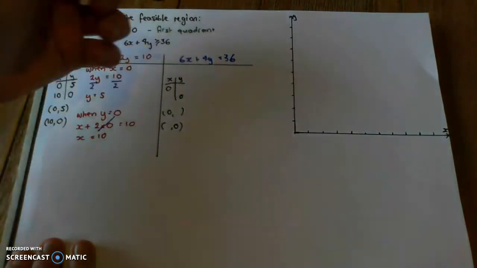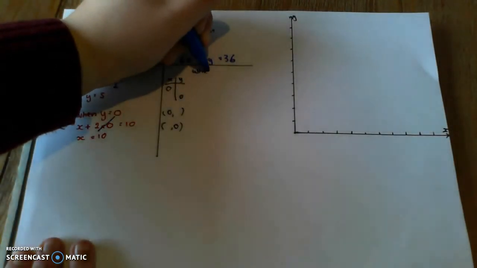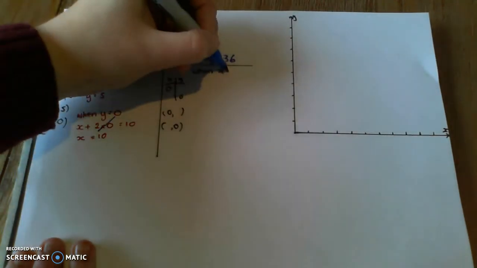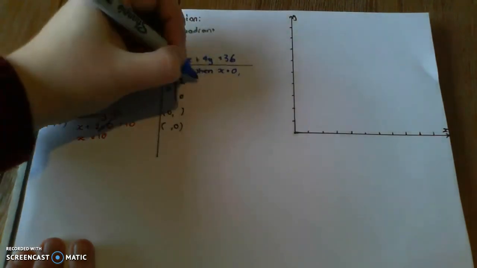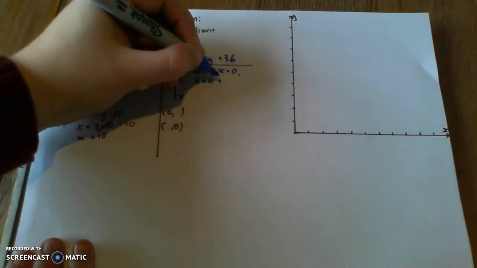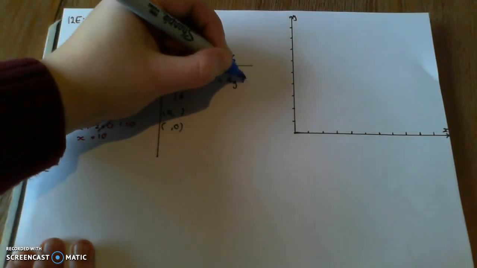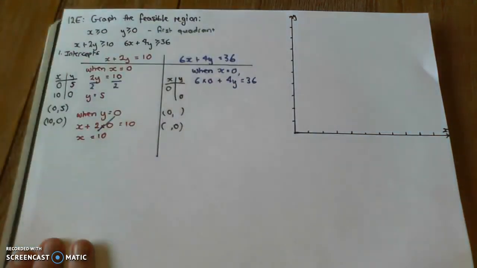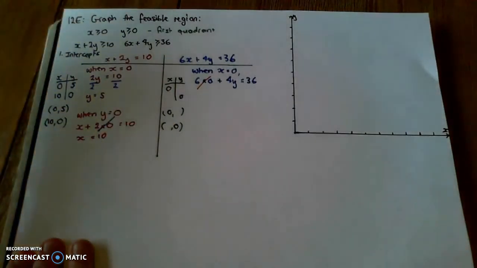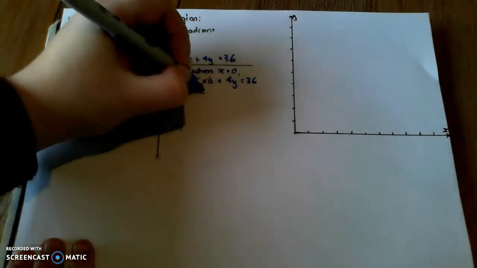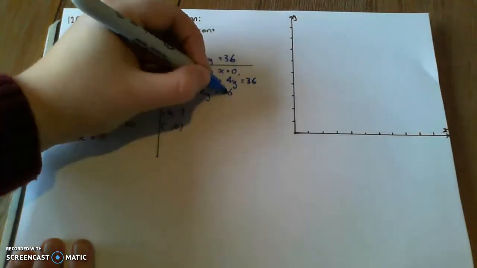Now if we look at our second equation, when x is equal to 0, we do exactly the same process. We have 6 times 0 plus 4y being equal to 36. We know that 6 times 0 cancels out. That's actually 0 plus 4y, there's no point writing it. 4y is equal to 36.